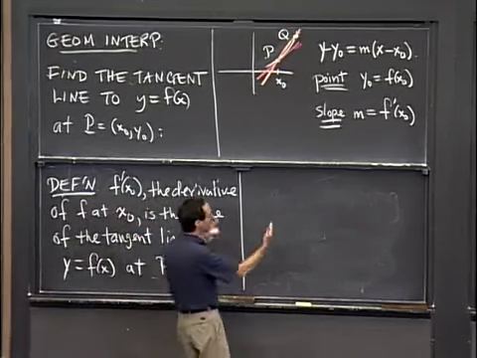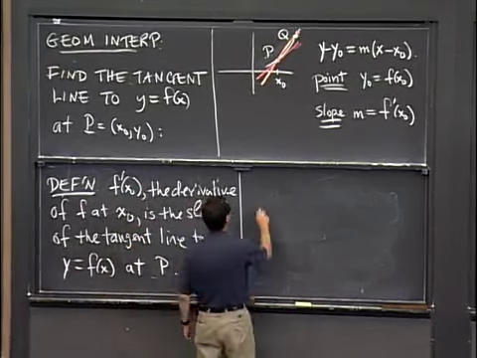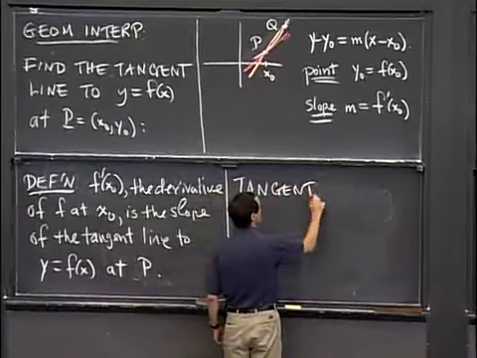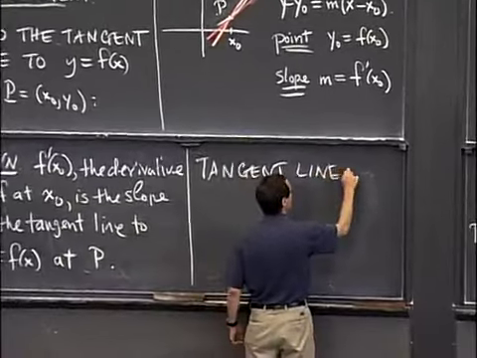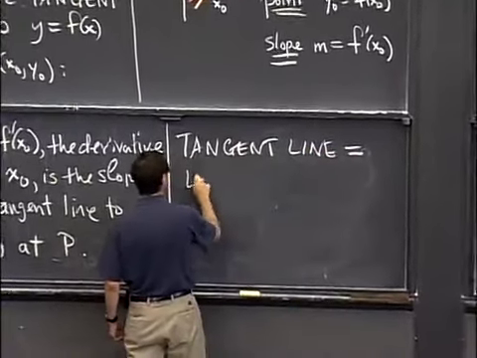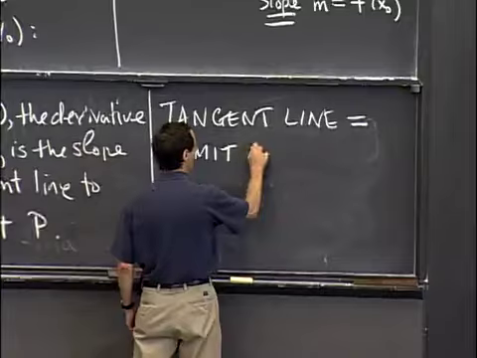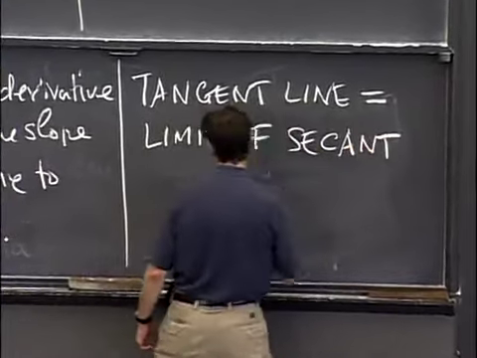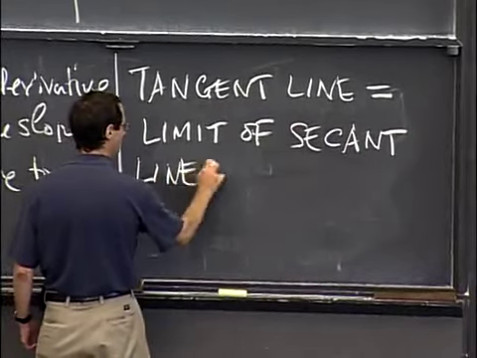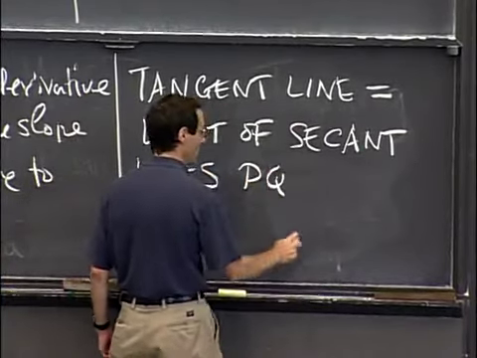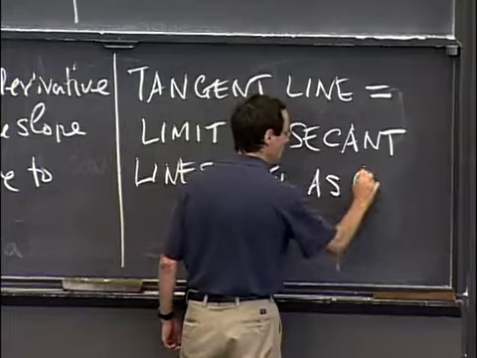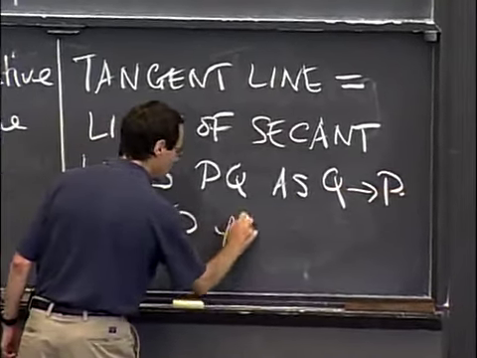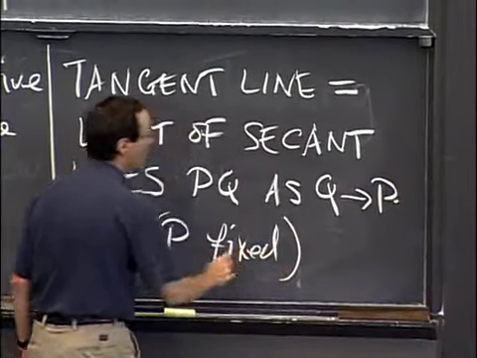And so that's the way I'm going to articulate it first now. So the tangent line is equal to the limit of so-called secant lines, PQ, as Q tends to P. And here we're thinking of P as being fixed and Q as varying.